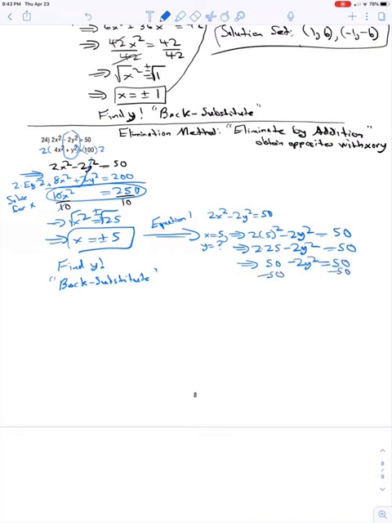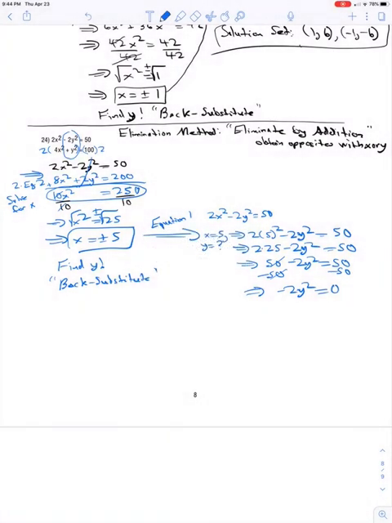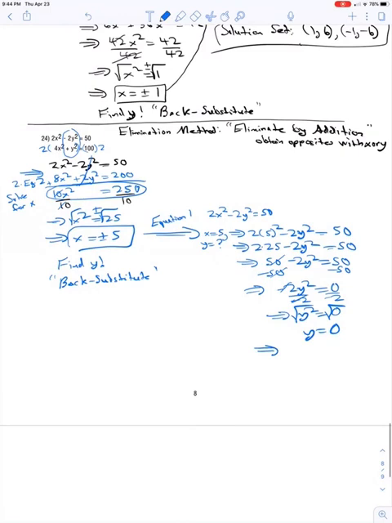So we subtract 50 on both sides. We end up getting 0. So negative 2y squared equals 0. Divide out the negative 2 on both sides and y equals 0. So when x equals 5, y is 0. That implies we have an ordered pair of (5, 0) as a solution.